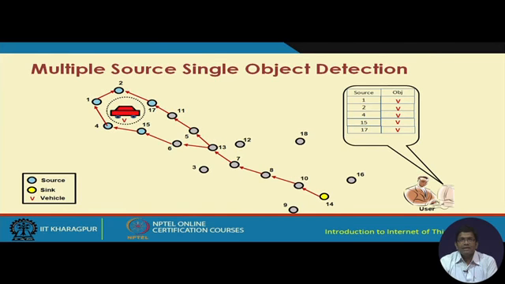Now, we see another scenario of multiple sources detecting a single object. Here the single object is a vehicle, and all these blue colored nodes act as sources and send the sensed information to the sink node. Now, the complexity for the sink node and the user connected to the sink is that it will try to understand whether all these 5 nodes have seen a single object, that means a car, a vehicle, or 5 different objects.